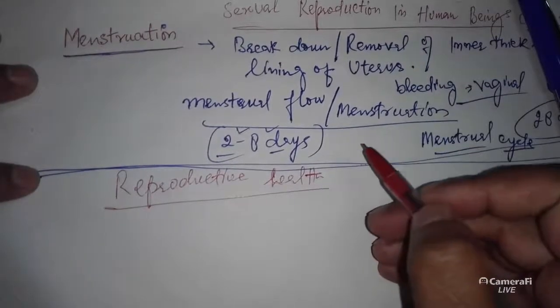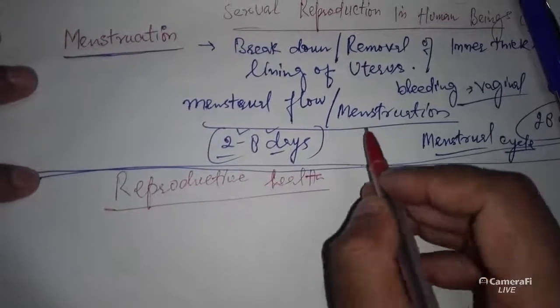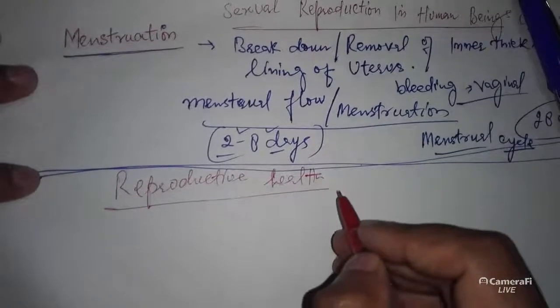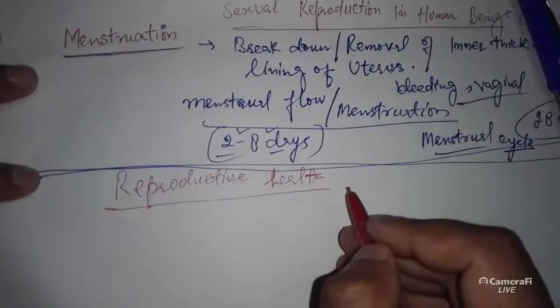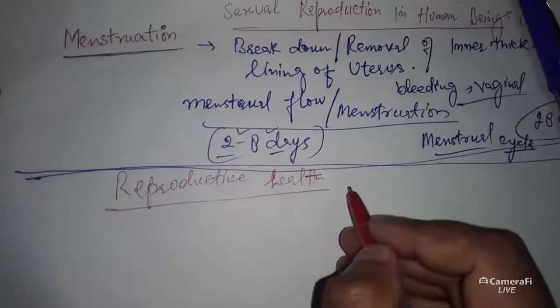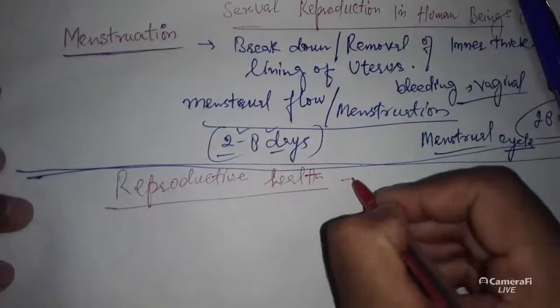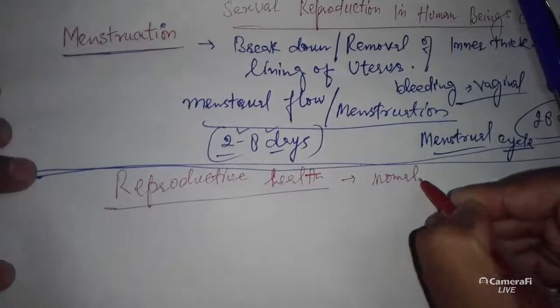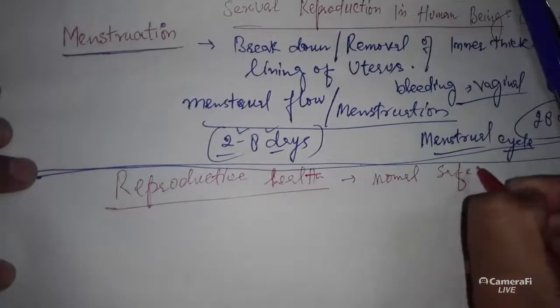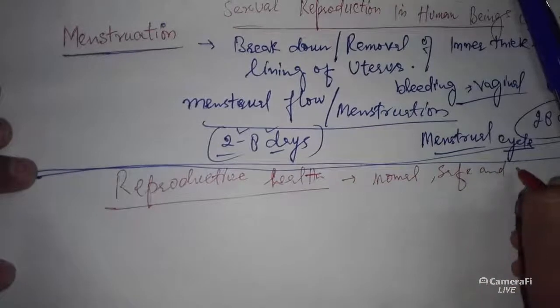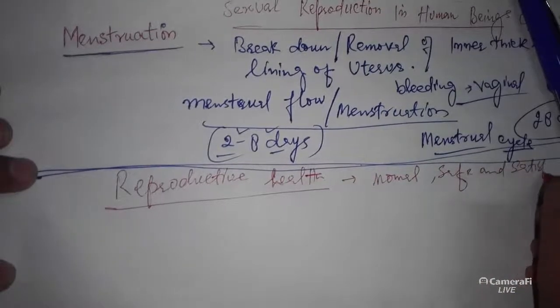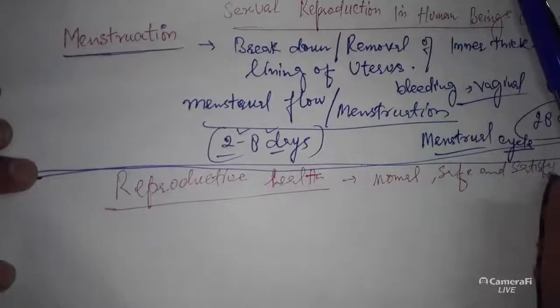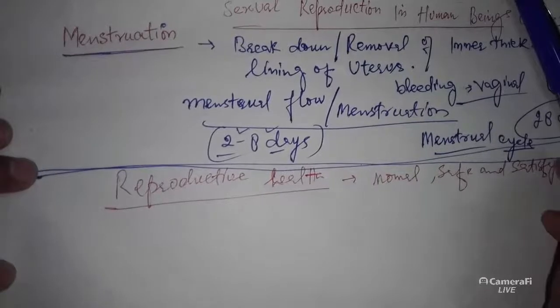In reproductive health, we see all those aspects of general health which help a person to lead a normal, safe and satisfying reproductive life.